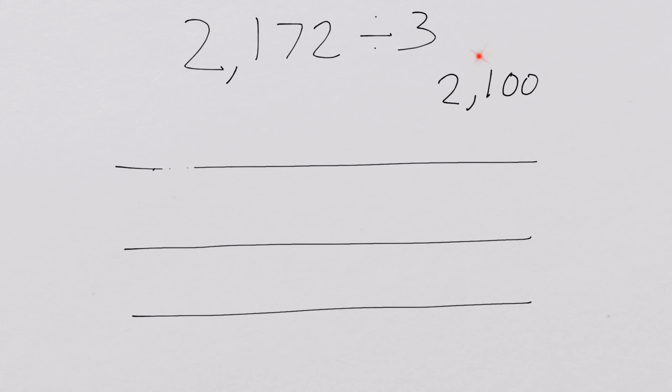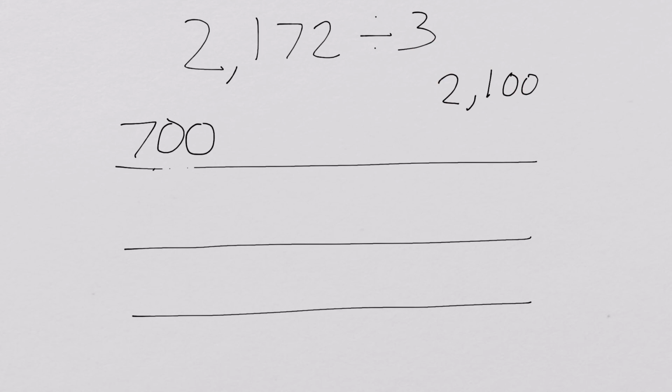Take a look at the first 2 digits. We have 21. Can we divide 21 by 3? Hopefully you're thinking to yourself, yes we can. 21 divided by 3 is 7. And if 7 times 3 is 21, well, 70 times 3 is 210.